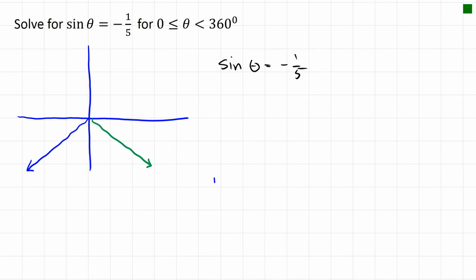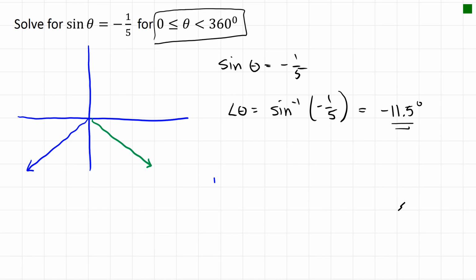So since the ratio is -1/5, to calculate the angle, we take the inverse sine, or the arc sine, it's sometimes called, of -1/5, and that should give you an answer of -11.5 degrees. So again, notice that answer here is not positive, and we want an answer between 0 and 360.